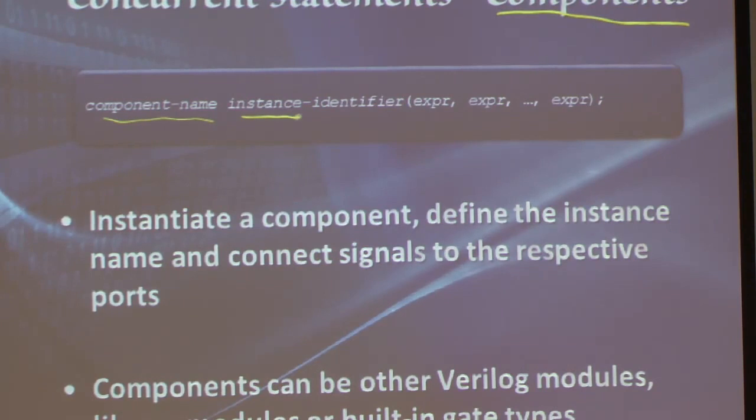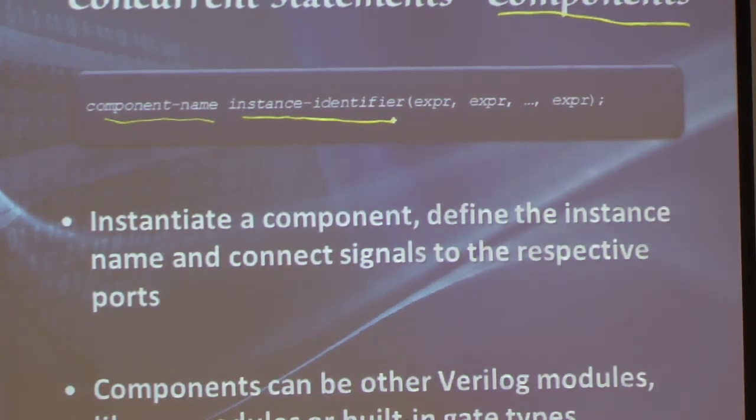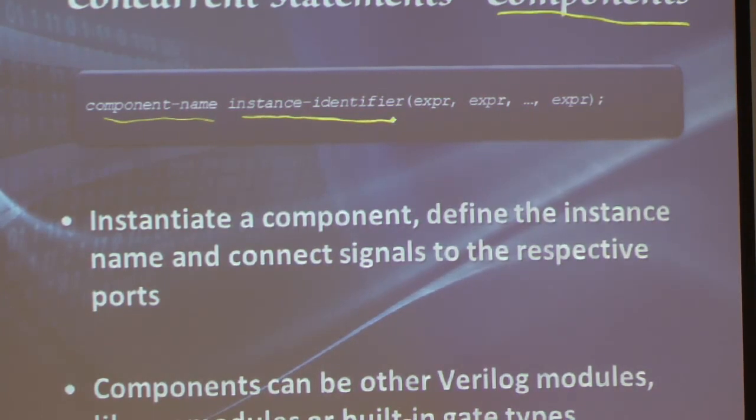For each one of those components, you have to give it an instance identifier. You have to give this particular instance its own unique ID. The reason for this is if you think about a circuit that has 8 different AND gates, each one of the AND gates will be called just an AND, that's the component name, but I will give each one of them a different name.